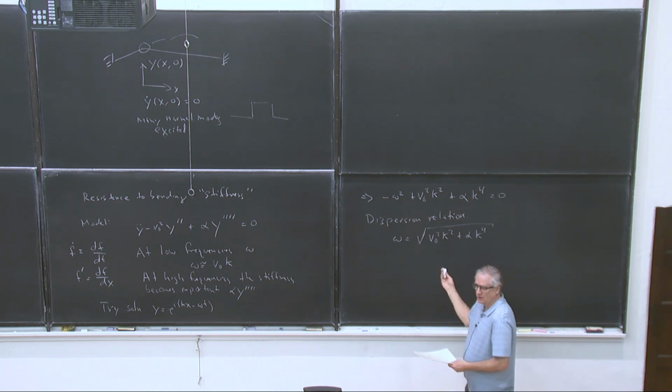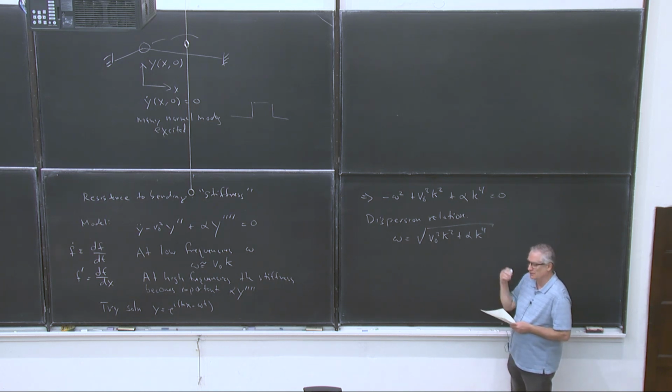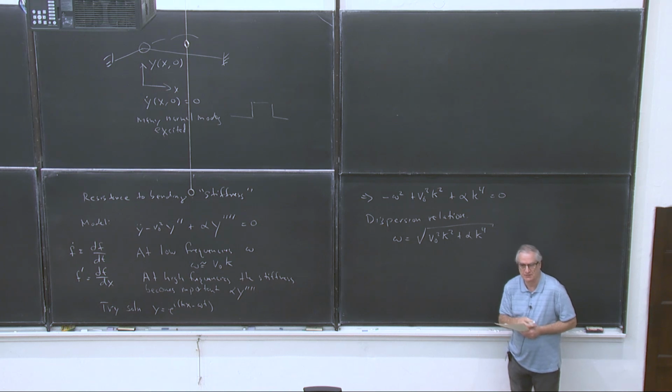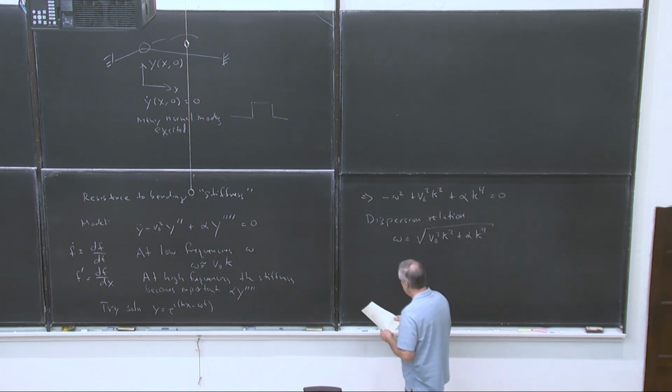So I can calculate now the phase velocity and the group velocity from this. And it's easiest here to do them as a function of k, since everything is a function of k, but you can translate it into a function of omega as well.